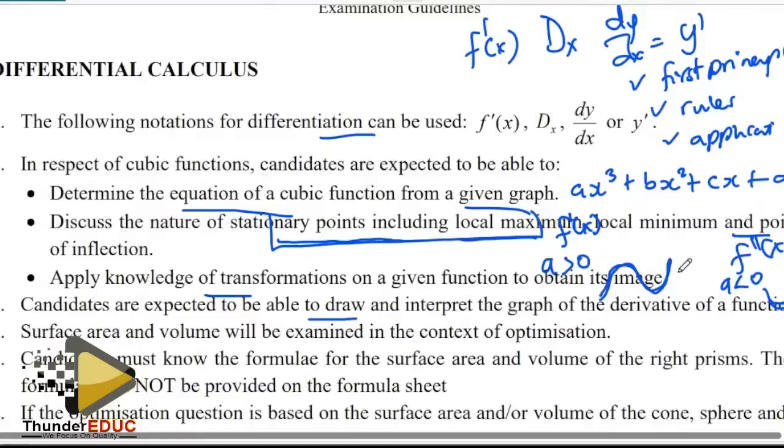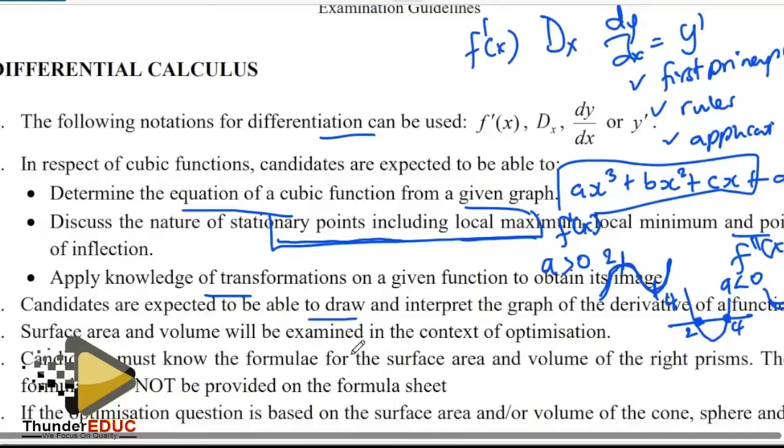So if the cubic function is derived, you're going to end up with a quadratic, no? Which quadratic? If let's say our x here was a 2, then our x here is a 4. 2 and a 4 will instead become the roots of that quadratic. So that is a 2, and that is a 4. Okay, so candidates are expected to be able to draw and interpret the graphs.